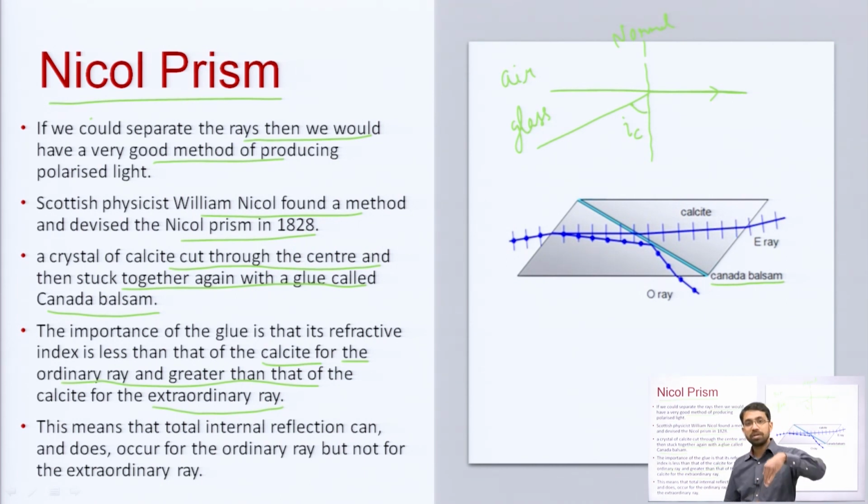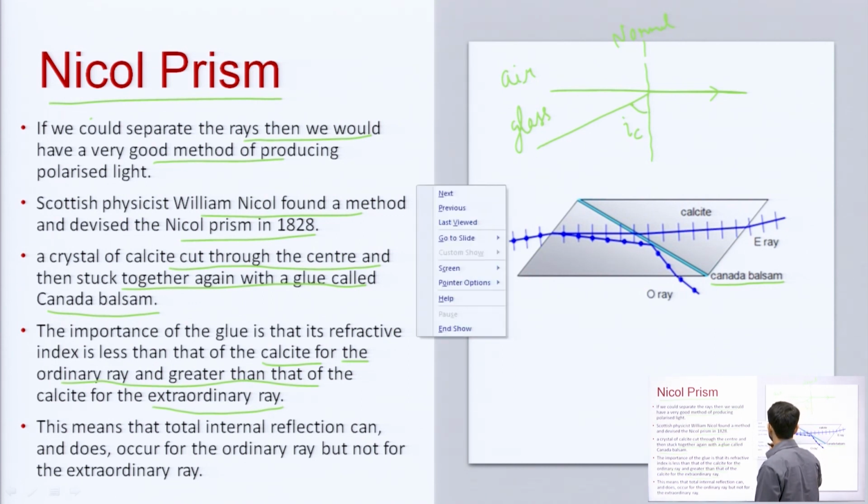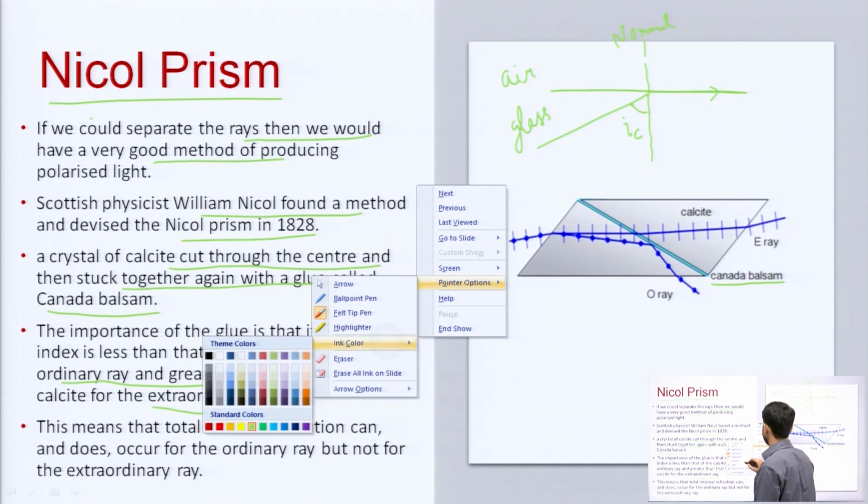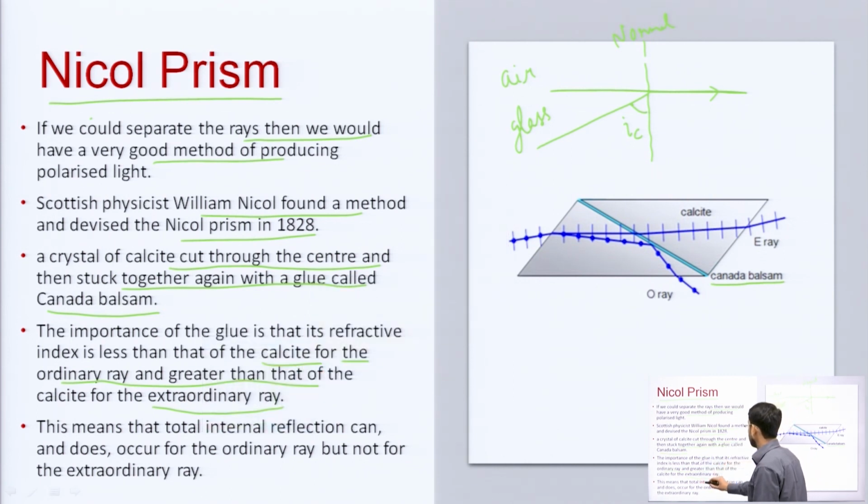And if we further increase this angle, then this light ray will go again in this direction, and it is called total internal reflection. This is the phenomenon through which light propagates in an optical fiber.